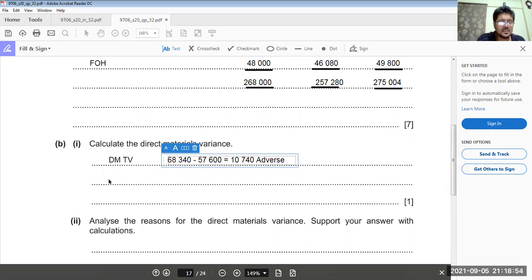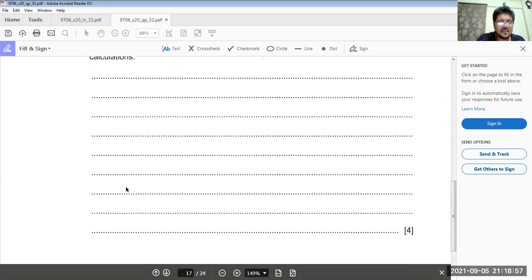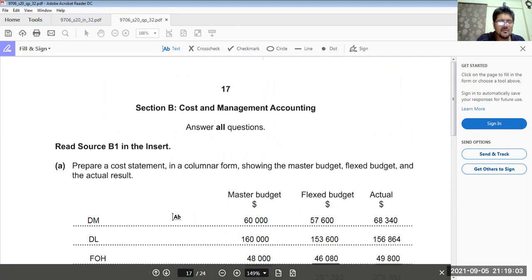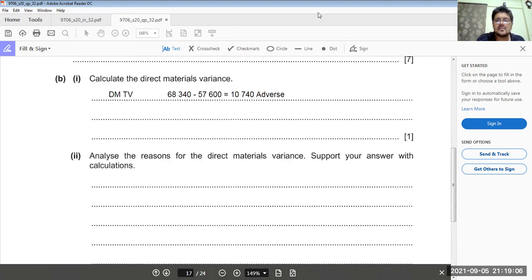Now, direct material price variance. 68,340 is your total actual cost of material, and 64,320 should have been the cost for the kilos used.